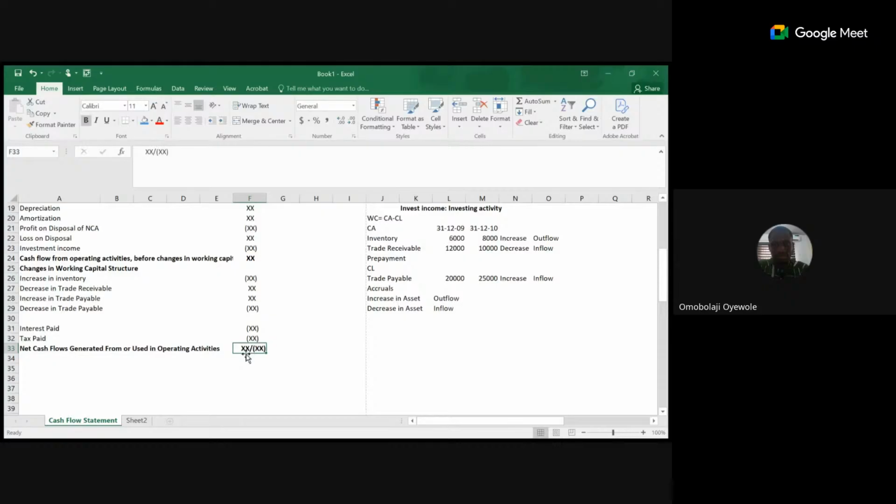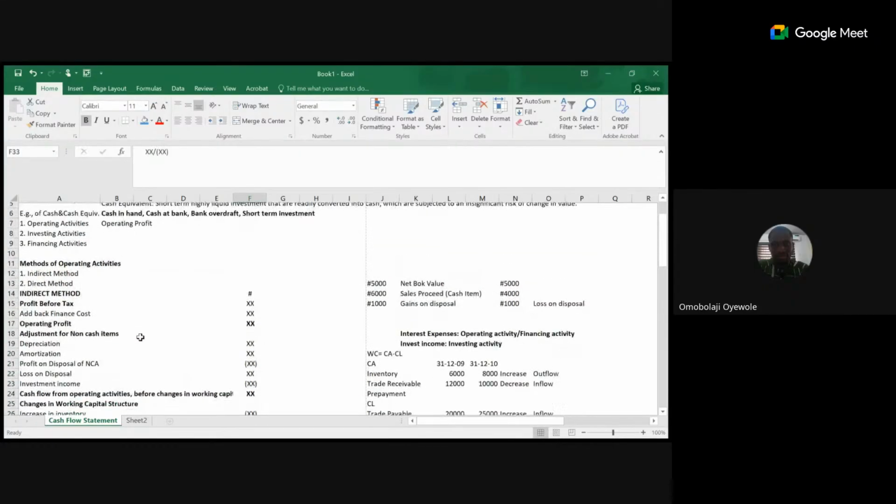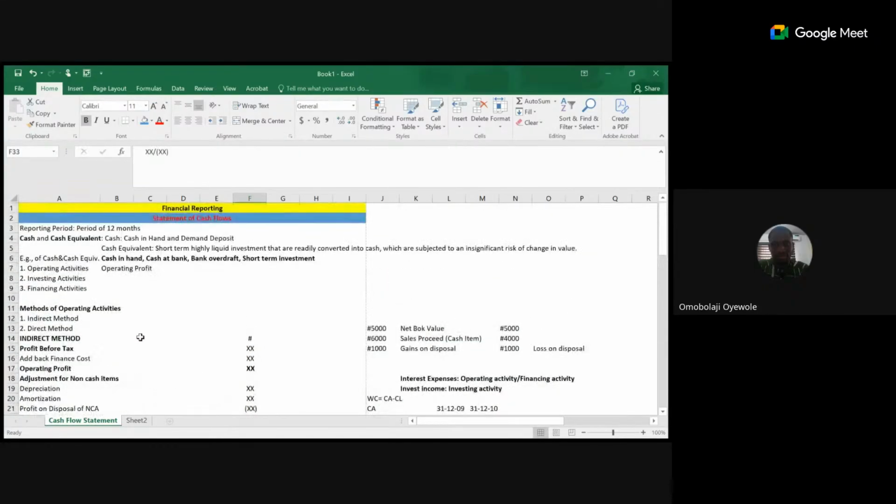That's operating activity. Remember that in preparing a cash flow statement, there are three activities we take into consideration. Number one is operating activities, number two is investing activities, and number three is financing activities. Operating activities are the activities realized as a result of the operation for the period.